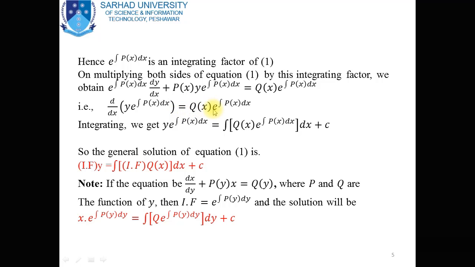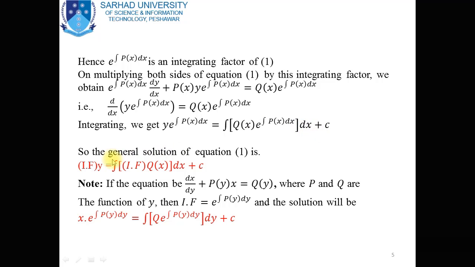q of x e power integration of p function with respect to x, and integrating this equation we get y e power integration p of x with respect to x is equal to integration q of x e power integration of p of x with respect to x into dx plus c.